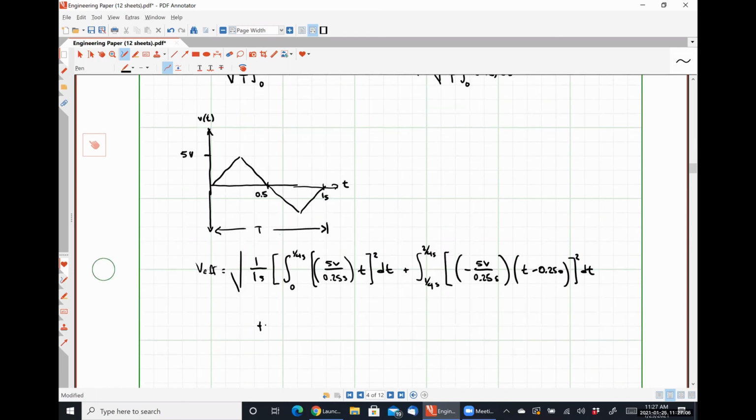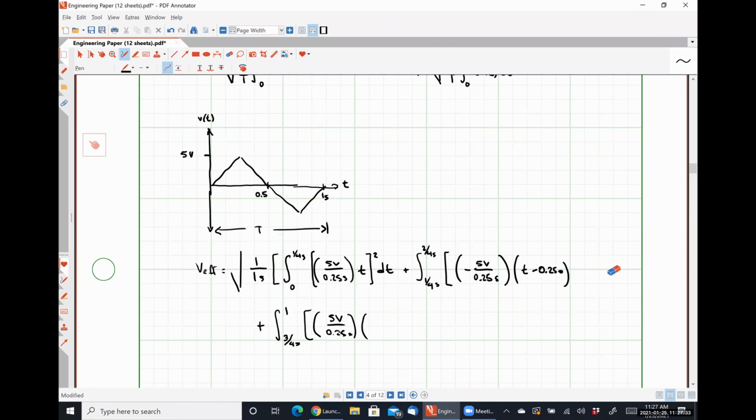And our third term will be the integral from 3/4 to 1. Our slope is increasing, so we again have 5 volts over 0.25 seconds. Actually, I forgot something here, I'm sorry.